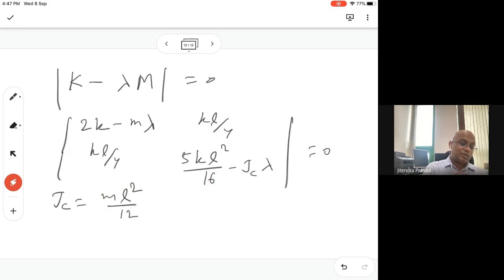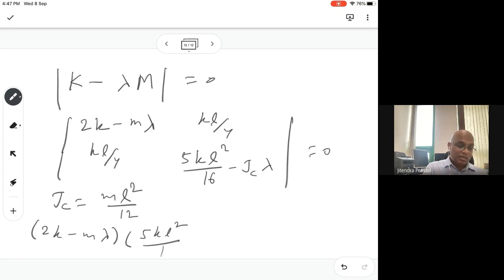Finally our equation becomes 2k minus m lambda multiplied by 5 KL square over 16 minus JC lambda, minus k square L square over 16 is equal to 0, and you can find lambda here. Lambda gives you the natural frequency.